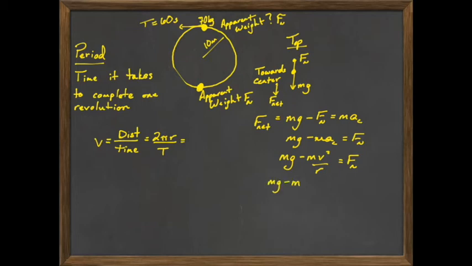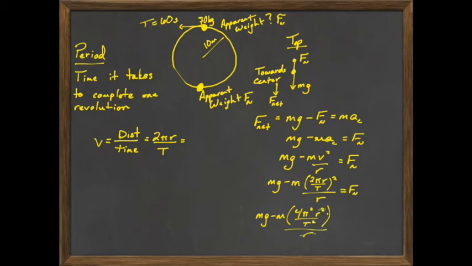So what we're going to do is plug in that expression for v: 2 pi r over the period, the whole thing squared, divided by r. When we do this, we get 2 squared is 4, pi squared, r squared over T squared, all divided by r.